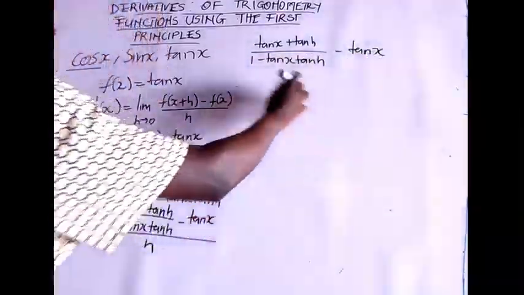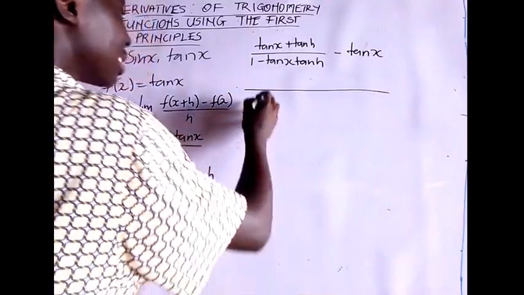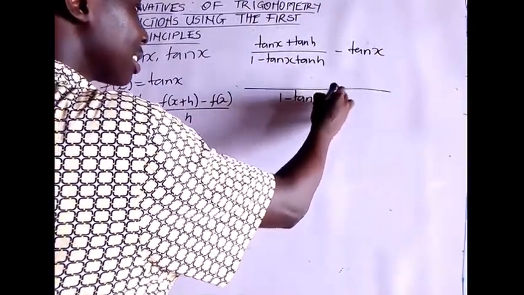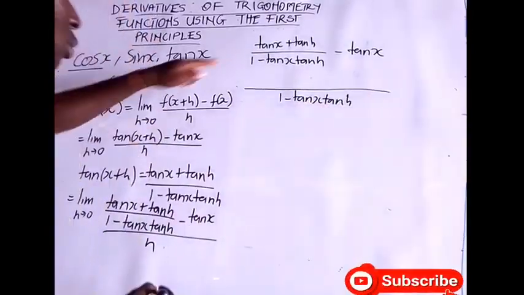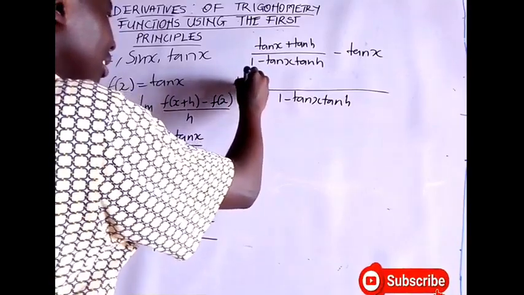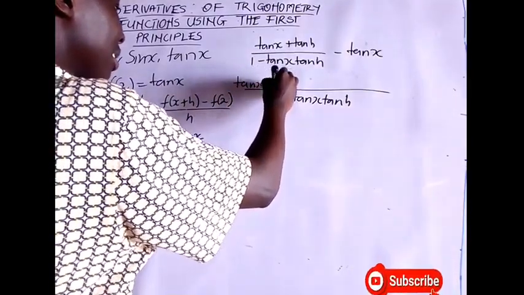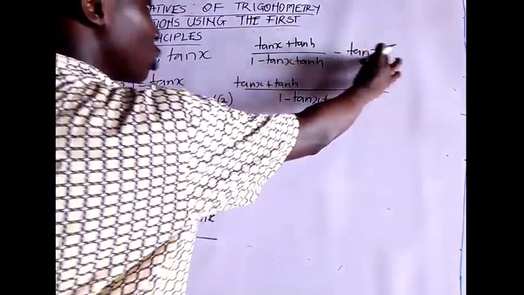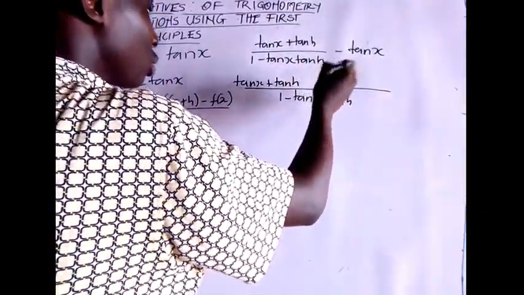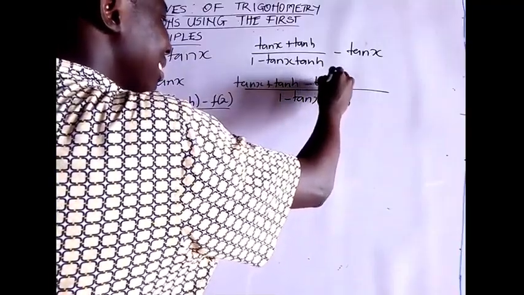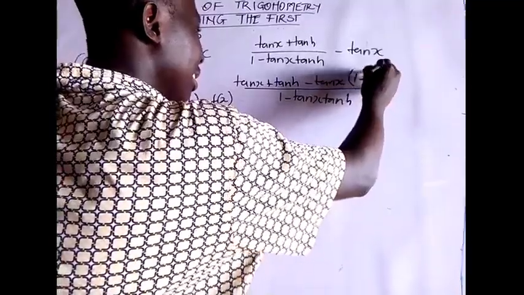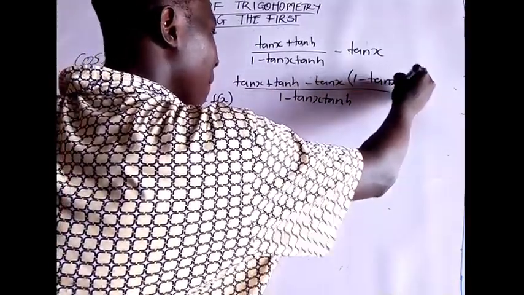So we find the LCM for this. So the LCM for this is 1 minus tan x tan h. And then 1 minus tan x tan h goes here, 1. Multiply this, you get tan x plus tan h. So this one is over 1. So this one will go into this one, 1 minus tan x tan h. So we get minus tan x into 1 minus tan x tan h.